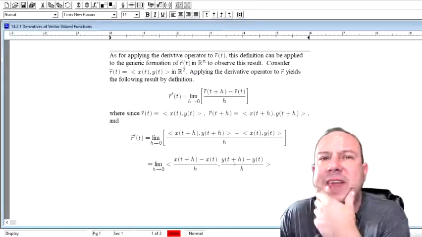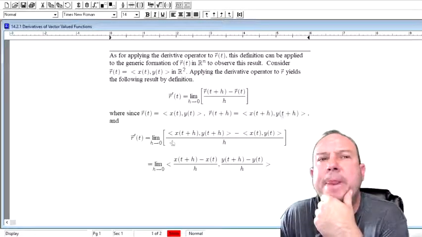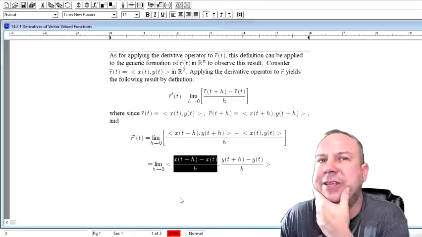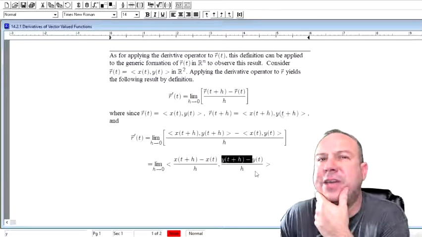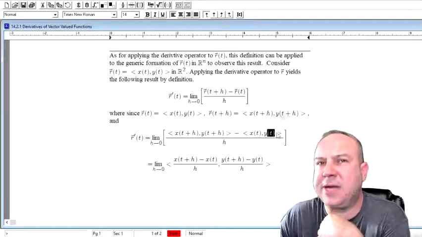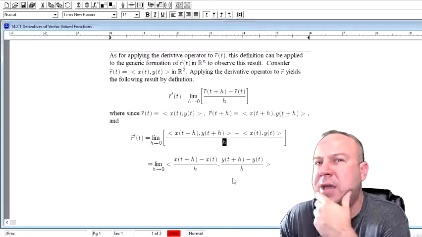Where if we then take that difference and divide by h, we can say that what we have here in a sense is going to be the limit of this component minus this component divided by h for the first component. And for our second component here, that is the second component here minus the second component here, all divided by h.